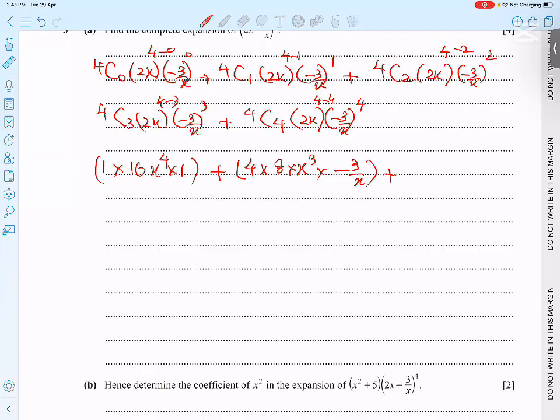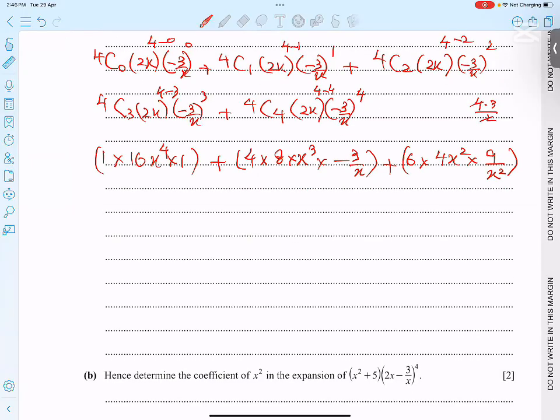So 4 into 1 less, so we got a 6. So 6 into 2 to the power 2 is 4, x to the power 2 into 9 over x to the power 2. So after that, 4C3 is 4, 2 to the power 1 is 2, and x, and negative 27 over x to the power 3.